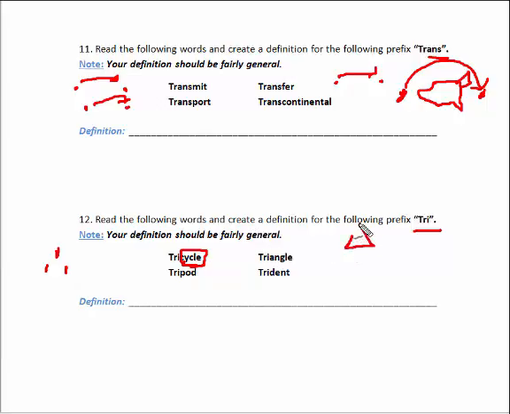Triangle, 3 sides in a triangle. Tripod, a tripod looks like this for a camera. It has 3 legs. And a trident looks like this, a devil's pitchfork. Tri means 3. There you have it.